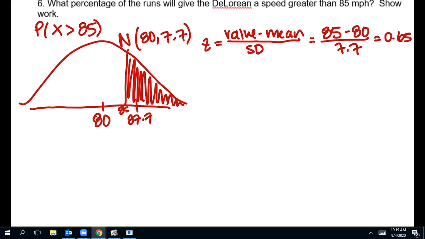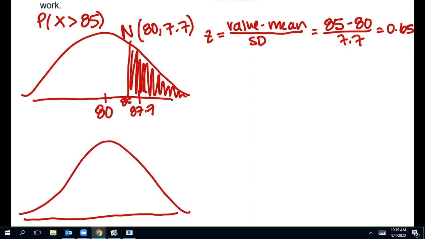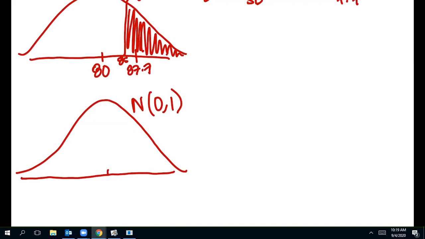Once we get our z-score, I like to draw my standardized normal curve. We'll label these. Standardized is normal with a mean of 0, standard deviation of 1. So I like to draw that and label that. We put 0 right here in the middle. Standard deviation is 1, and the z-score that we just found is 0.65. So it should be right about the same place that 85 was.